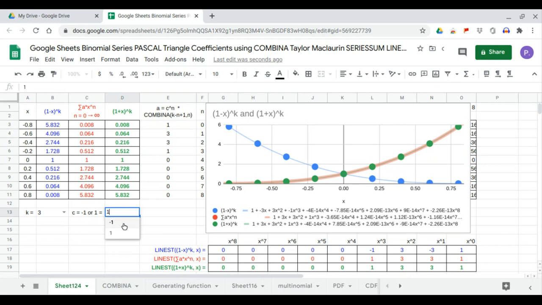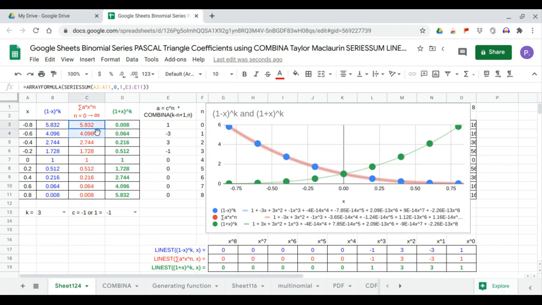If c is negative 1, the dataset of the Taylor-Maclaurin series sum expansion is the same as the 1 minus x to the power k. And the red line is on the blue datasets. And the regression coefficients are the same. The Pascal triangle coefficients are the same.